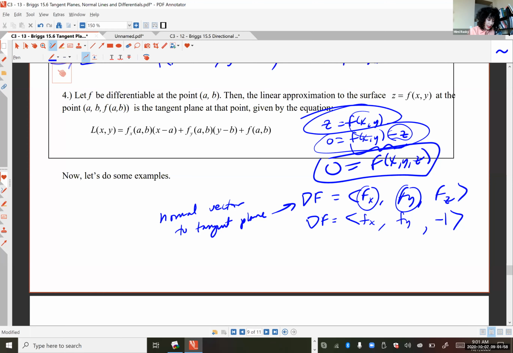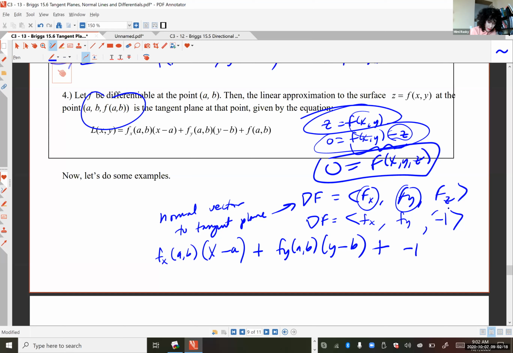So when you do your tangent plane at the point (a, b, f(a,b)), in standard form it would be fx evaluated at that point, times x minus a, plus fy evaluated at the point, times y minus b, plus -1 times z minus f(a,b), because that's the z coordinate of the point that you're finding, equals 0.